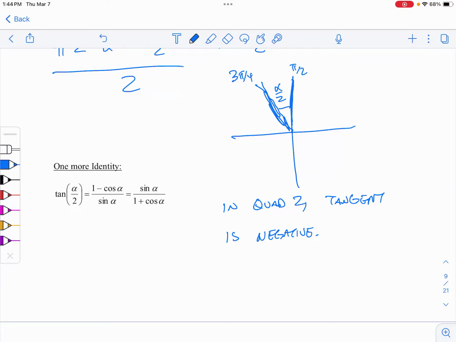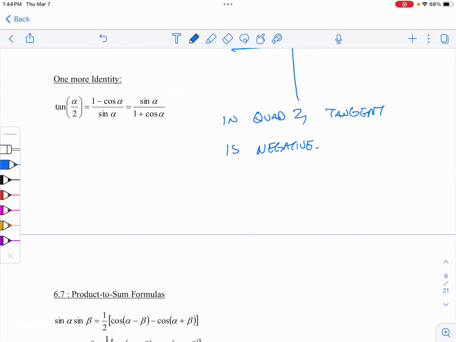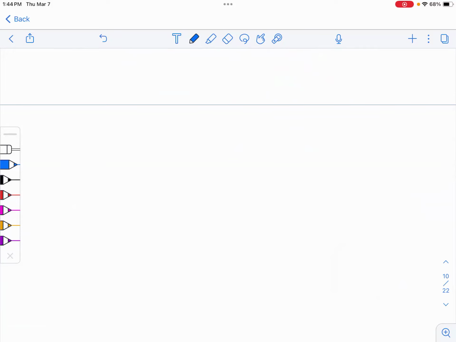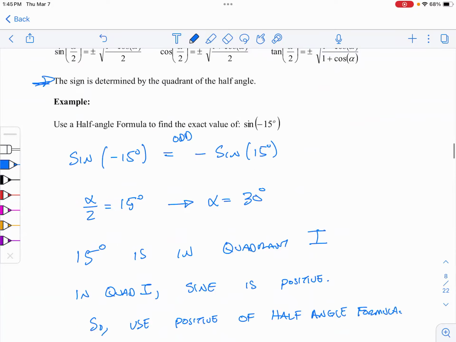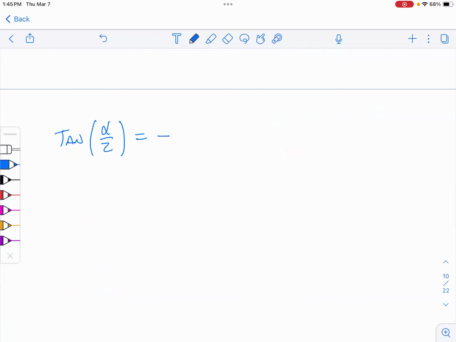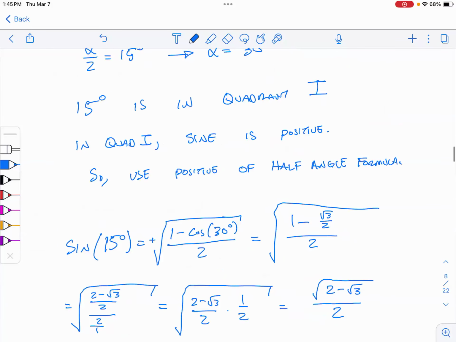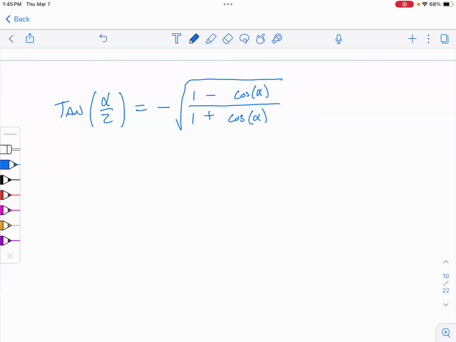So tangent is negative here, which means we're going to use the negative of that half angle value. And then once again, just a matter of actually plugging in.